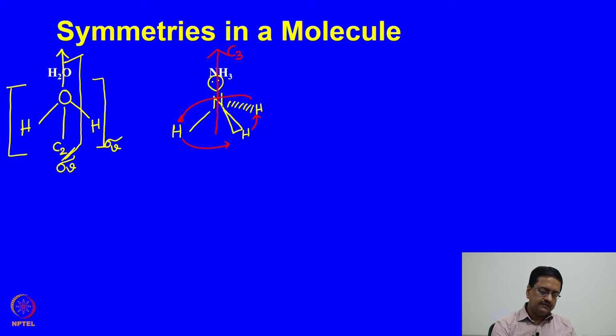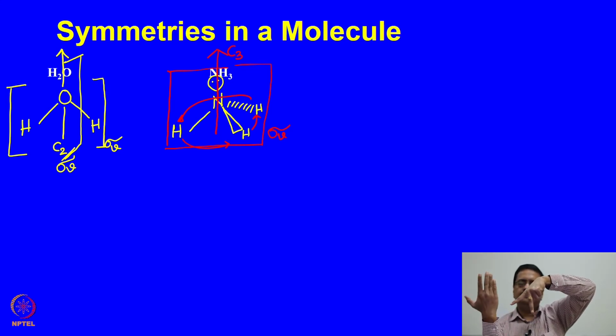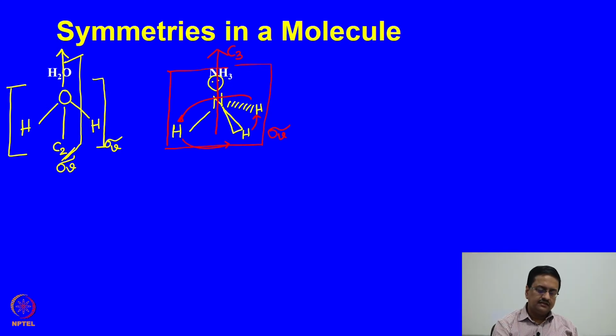So, that mirror plane passing through the plane of the projection is one of the 3 sigma V's. So, you can understand that if this one is on the plane of the board, we have drawn this mirror plane. Then similarly, there is one mirror plane like that and one mirror plane like this. So, this molecule has 3 sigma V's. Is that clear?